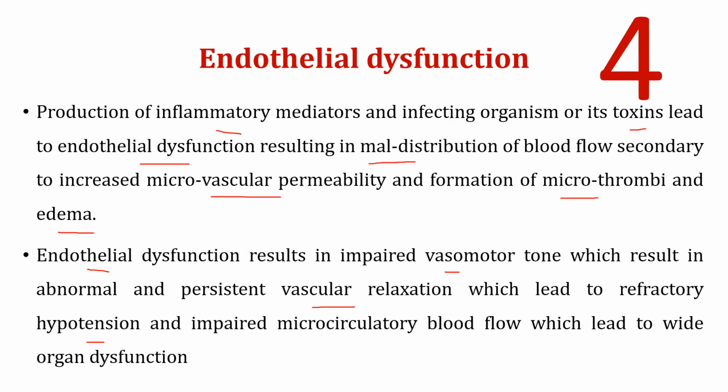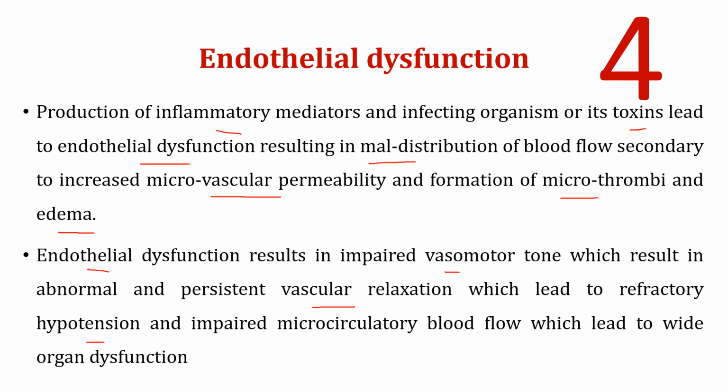Whereas the production of these inflammatory mediators, as well as the toxins from the organism or the source of infection, will result in maldistribution or abnormal distribution of the circulation and increased microvascular permeability, which, with altered coagulation, results in microthrombi formation as well as edema.